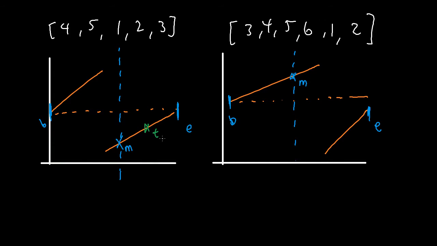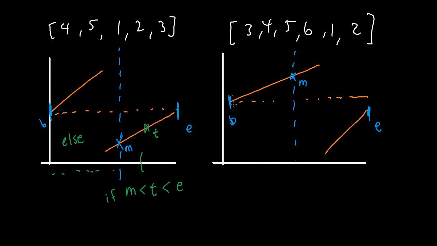If our target is here, we know we need to search this area with the following inequality: if middle is less than our target, less than our end, then we know it's here. Otherwise, it has to be somewhere here. This is an easier condition to check than, say, if our target is bigger than beginning but less than the middle. So let's go for the easy one and then make the other the else clause. So this will be our if clause, and this will be our else clause.